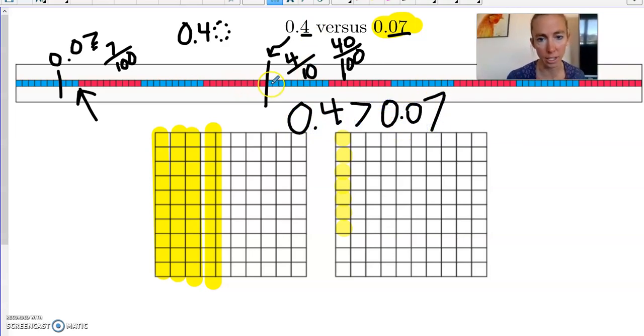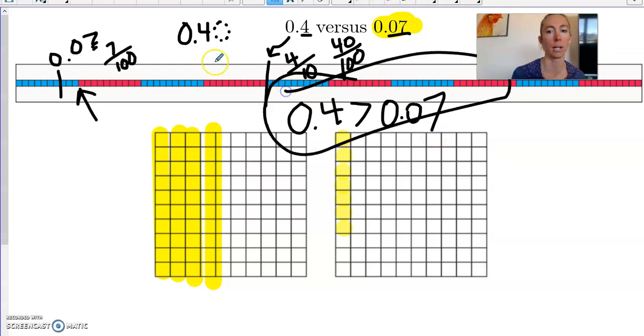Why? Well, we saw it on the number line and we saw it with our grids. 0.4 is 4 tenths or 40 cents, whereas 0.07 is 7 hundredths or 7 cents. So I'm able to make my comparison and use my visuals to prove it.